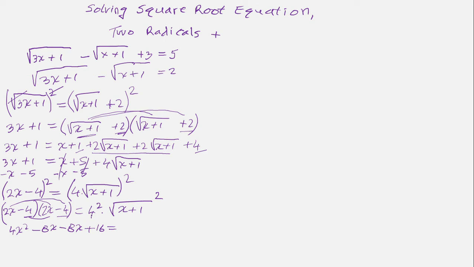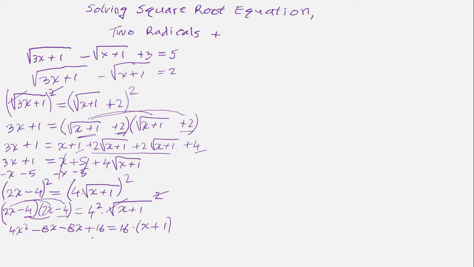And then on the right-hand side, 4 squared is 16 times, and then 2 cancels the root. But since 4 was multiplying the root and everything under the root, we need to make sure that what's under the root is still multiplied, which means x plus 1 needs to go inside parentheses.